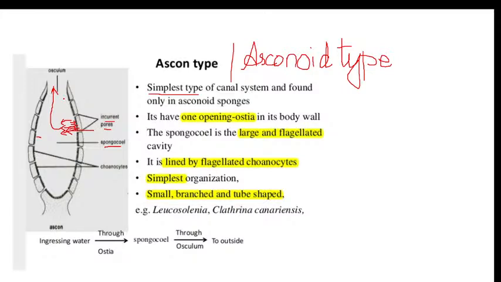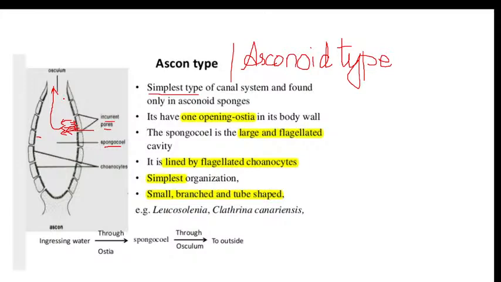The water enters into the spongiocele through the openings called the ostia. Then the water contains food particles, and these food particles are entrapped by the coinocytes and digested. The excretory products will be sent back into the spongiocele.